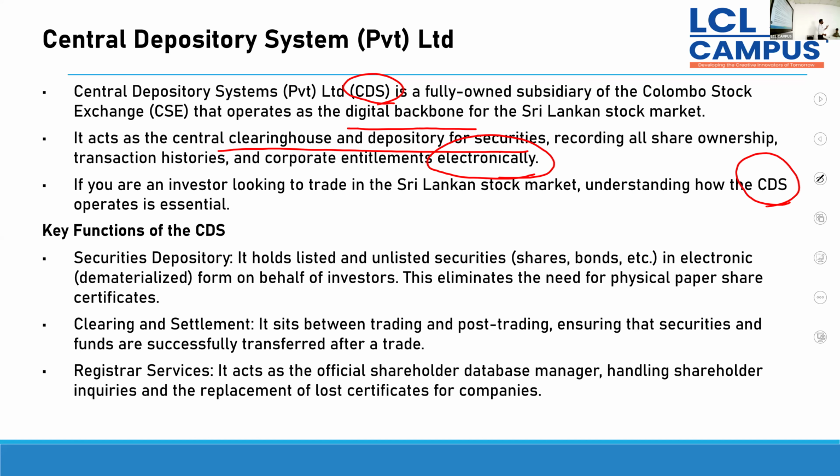Because initially you need to open an account in CDS. Otherwise, you can't make the trade. Let's say you can go to the BOC nearby here, near the clock tower, in their basement or ground floor. They are a kind of stockbroker.